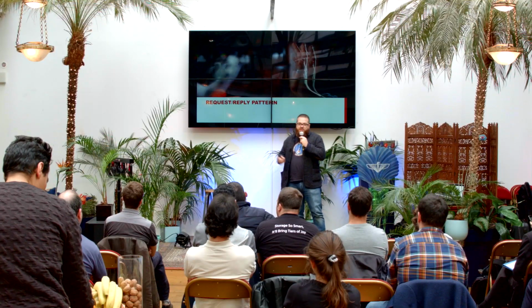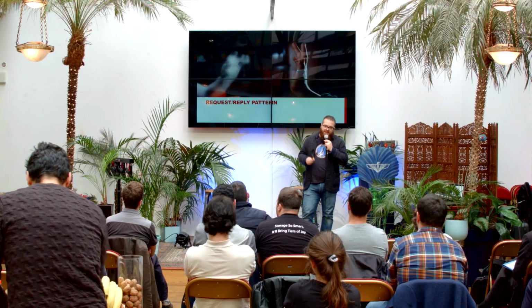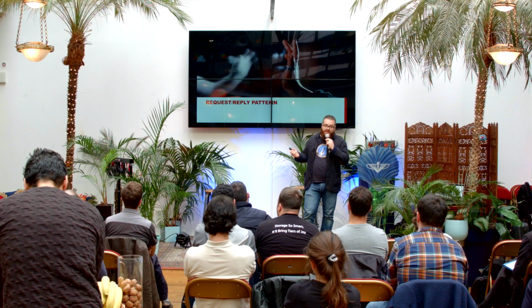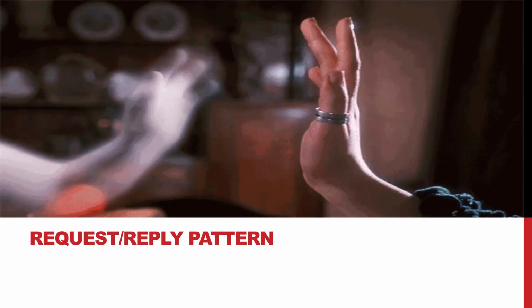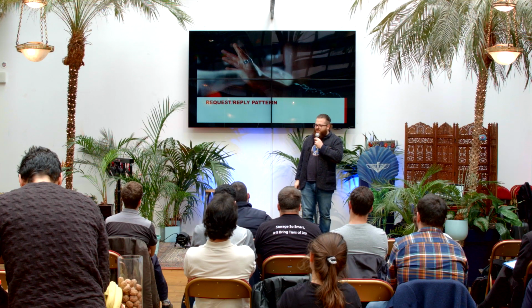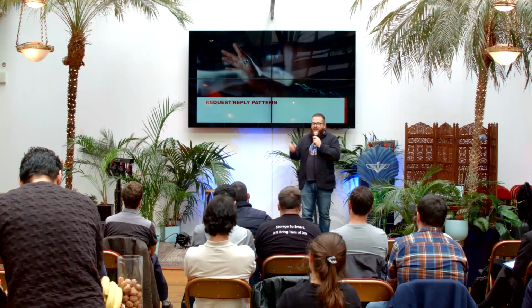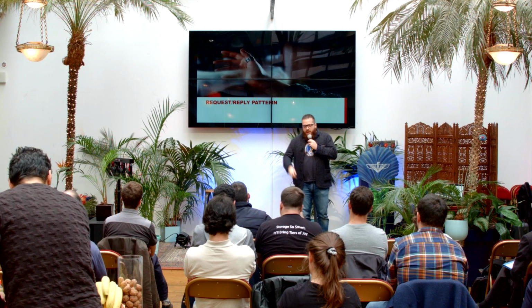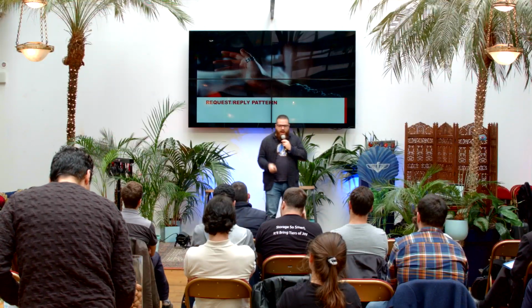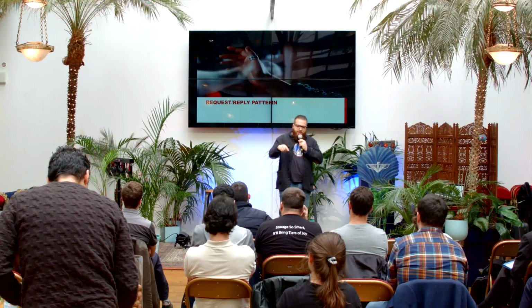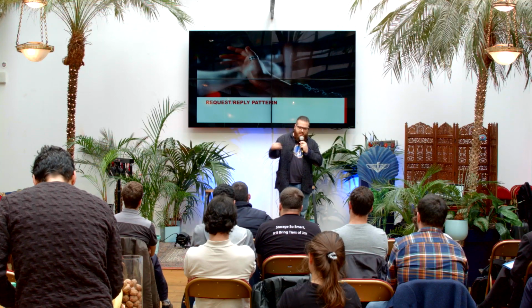I'm trying to finish all the concepts as quickly as possible, but there is a lot. If you want, you can have something we call the request reply pattern. It's very difficult to say. So basically, what does it say? I'm creating a message saying I need an answer to that, and I will post the answer inside this queue.